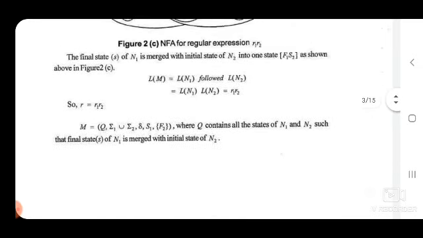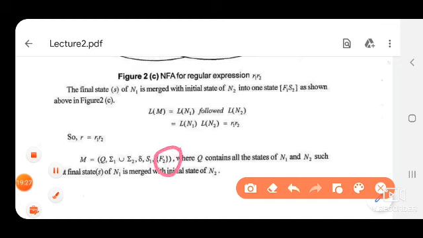And what is the final state of the combined figure? F2 is the final state of the combined figure, which is the final state of N2, and the initial state of the combined figure is S1, which was the initial state of the N1 figure.